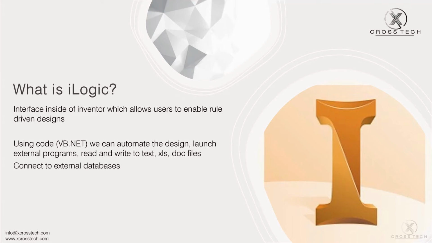So Inventor automation is very much the same in the sense that while automation can take the form of many different things, in essence, it's a tool or a series of tools to automate or accomplish a specific task, process, or function. So iLogic is one form of Inventor's automation.